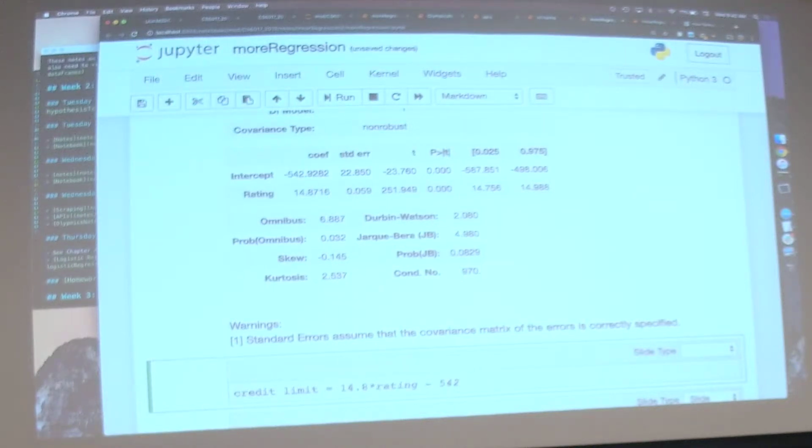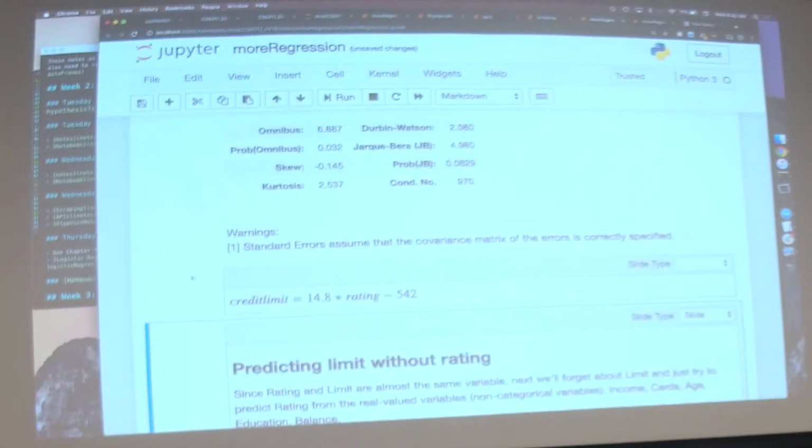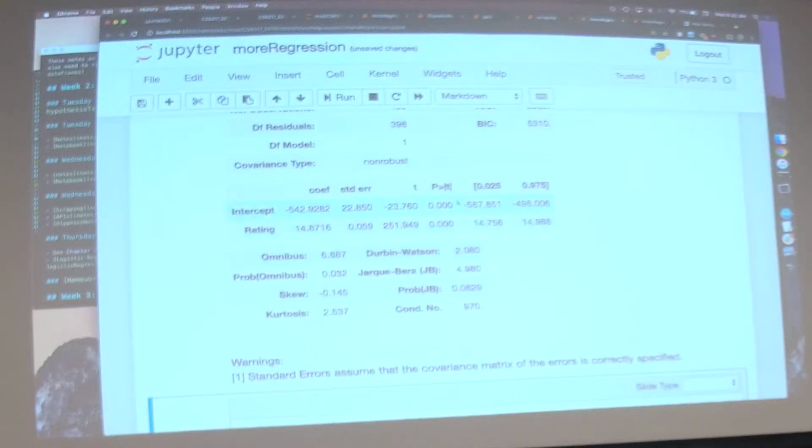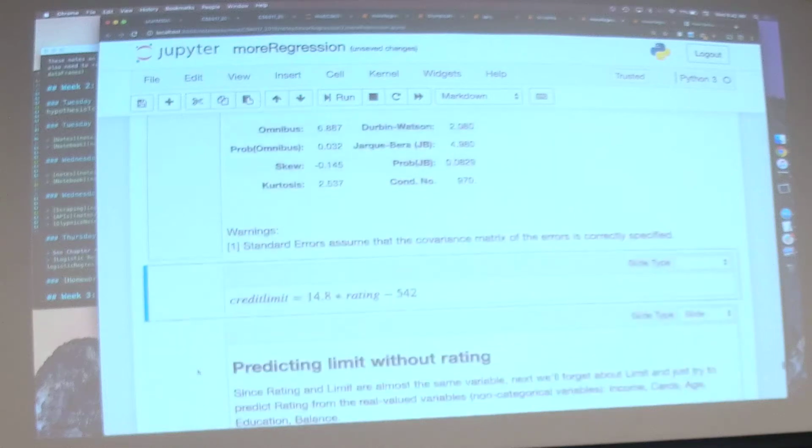And we can see from our R-squared value and our p-values that this is a very good model for these two related variables.